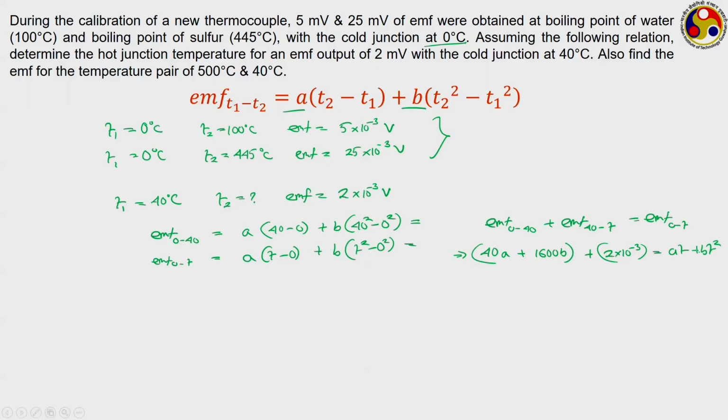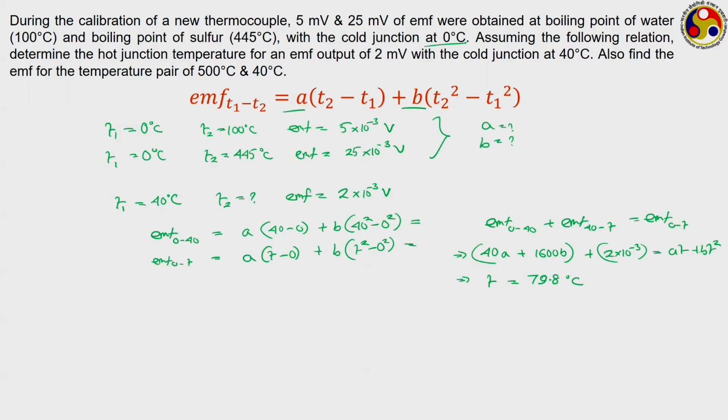As the A and B values you have already calculated here, putting this you are going to get the value of T, and in this case T is going to come as 79.8 degrees Celsius. Remember, here we are using T in Celsius only, because the given relation specifically states that T is in Celsius. So, this is the hot junction temperature.